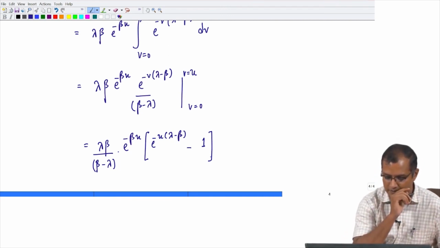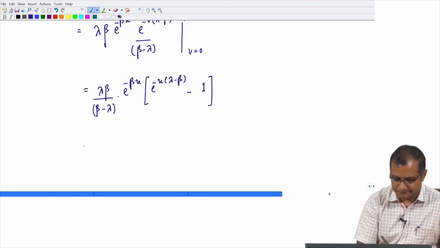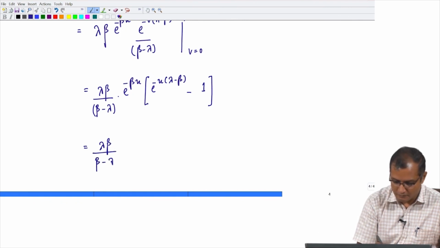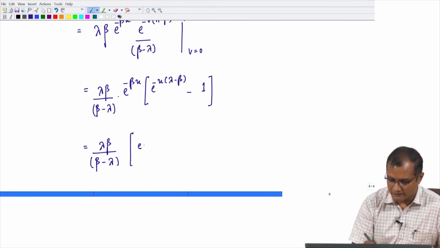All right. So, then this is nothing but, e raised to minus beta u will cancel. What you will have for the first term is e to the power minus lambda u, minus e to the power minus beta u.